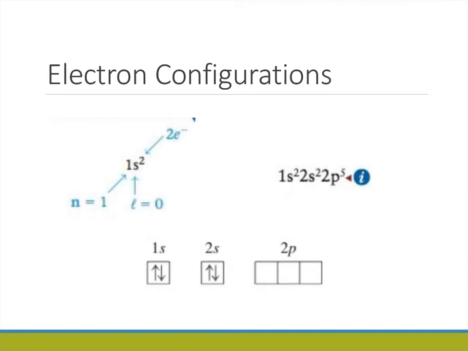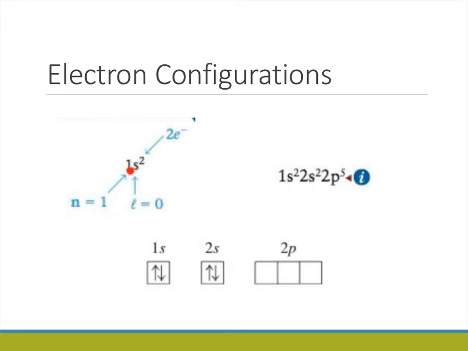So we can write electron configurations for substances, and the electron configuration is just going to show us a shorthand of where the electrons are at and what they're doing. A typical electron configuration would be shown as such. There's a number that starts off our electron configuration.